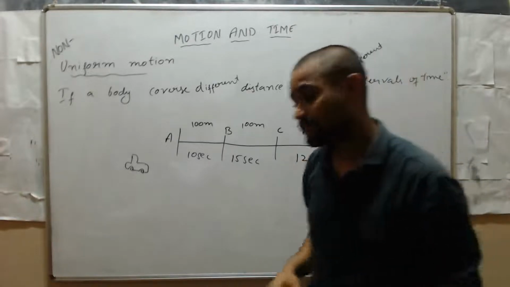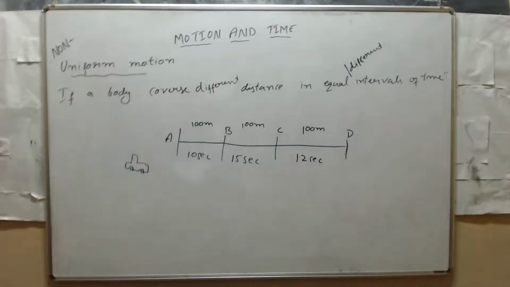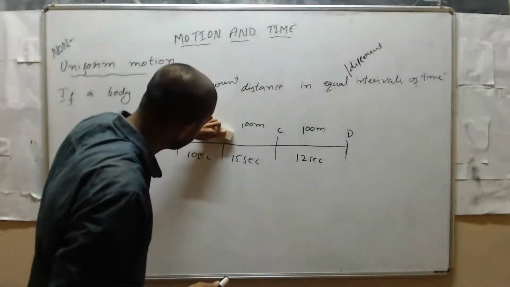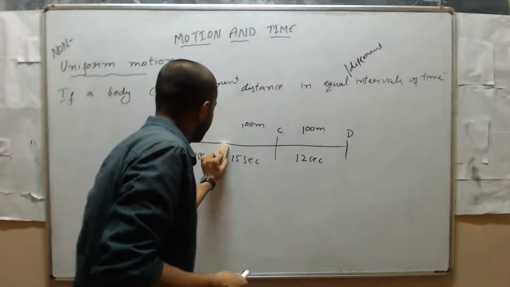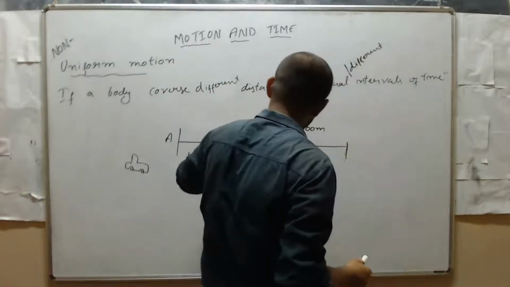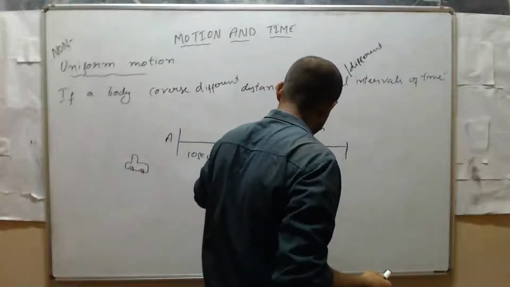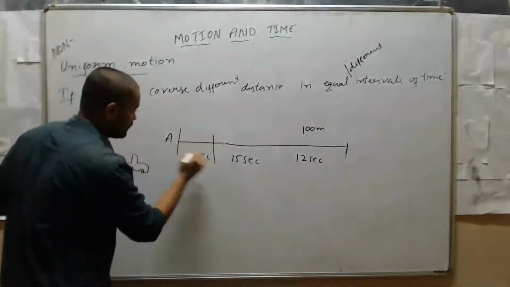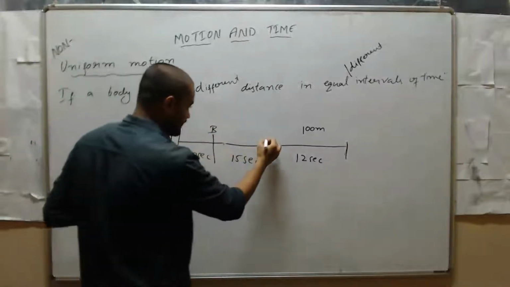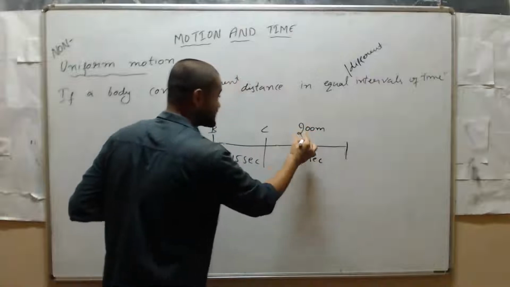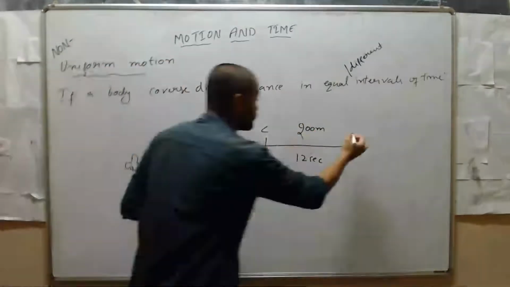And one more example we can see. See here, I will mark this B here. B is here, C is here and D is here. From C to D the distance is 200 meters. It will be clearer to you.